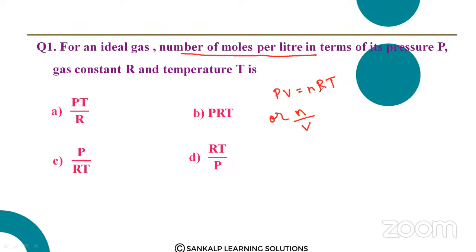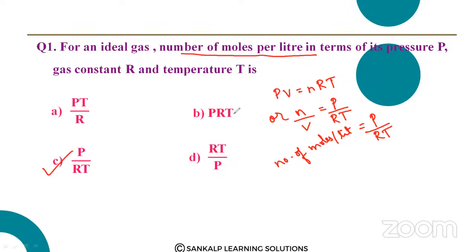What can you write? PV equals nRT. So take this P and shift it there, so it will be P by RT. So n by V is nothing but the number of moles per liter, right? Volume will be in liters. So the correct answer is P by RT.